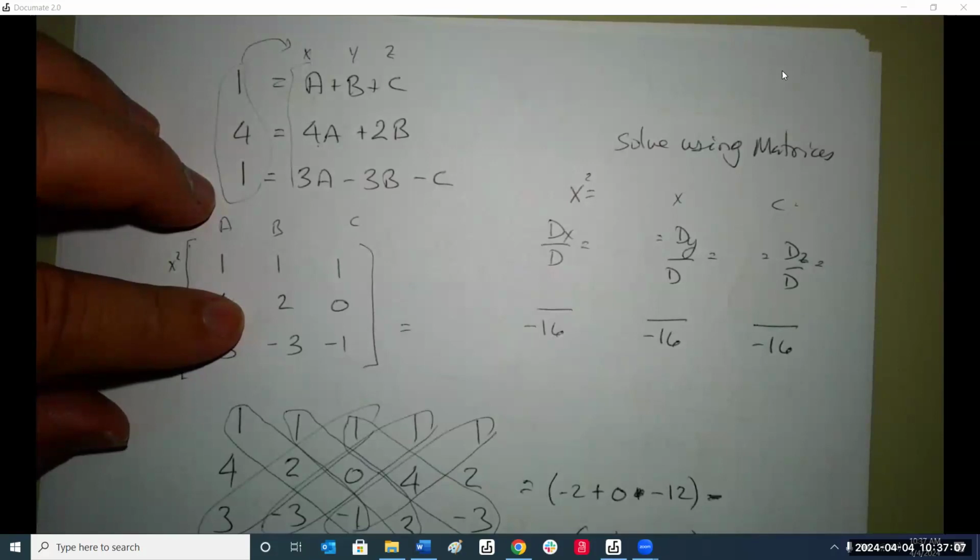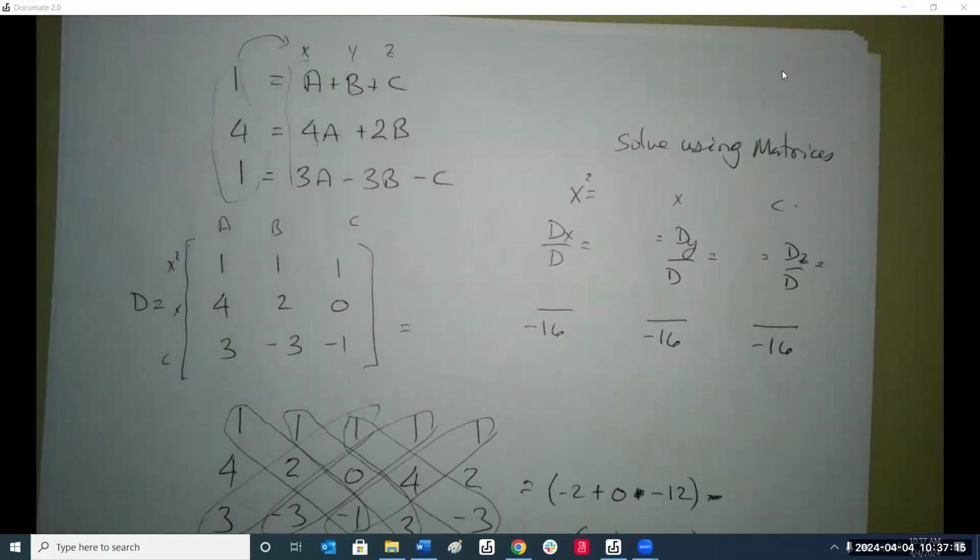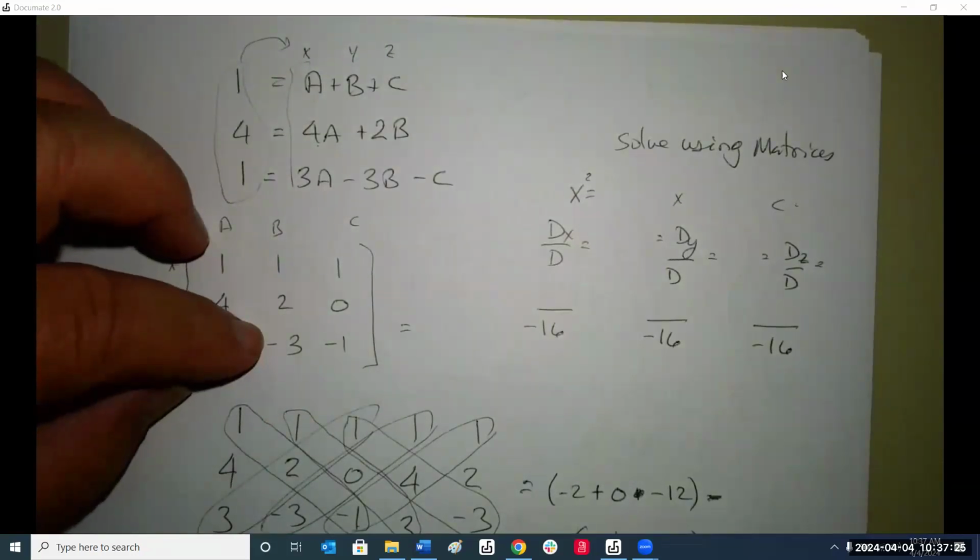And do the diagonals again. So multiply these, you get -2 plus 0 minus 12 and subtract these. So multiply all these together.